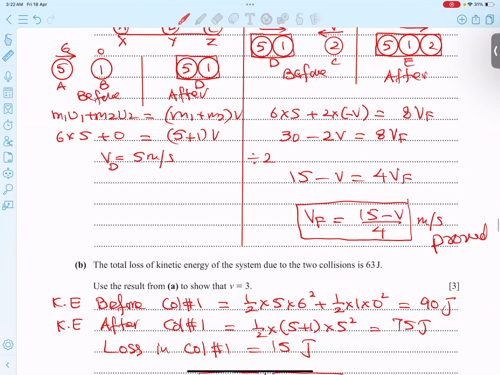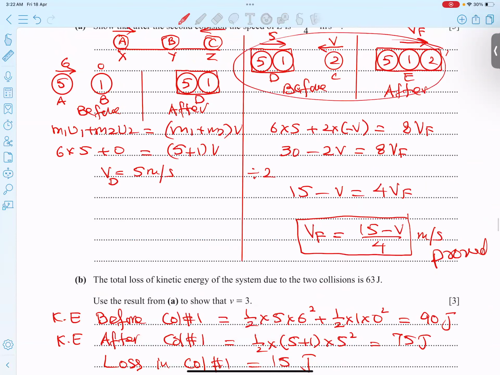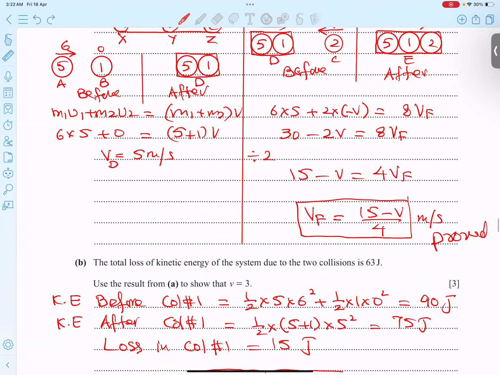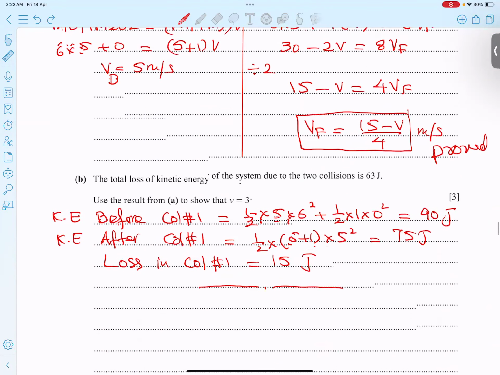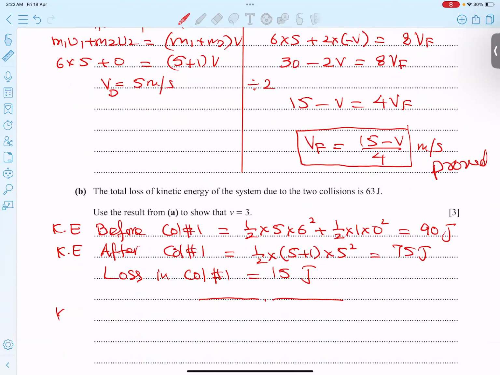Now we have discussed this, what is going on here. This is before collision, so I will find both. This is a 6 and 5, we already have it, this one. So I will say here kinetic energy before collision number 2.